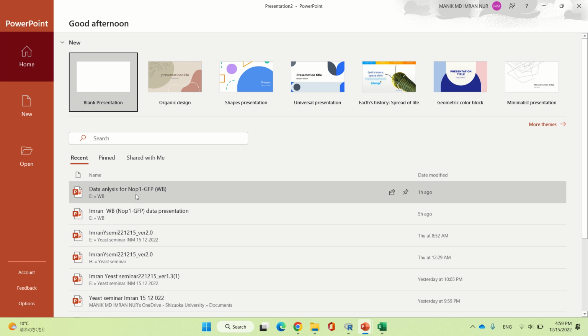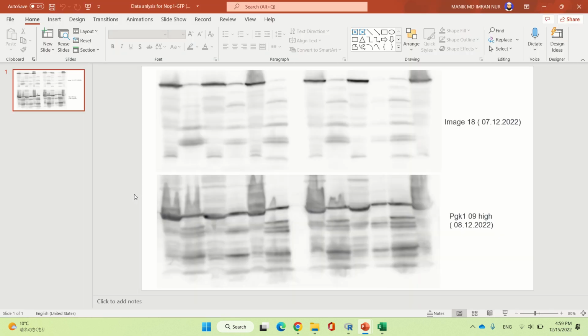In this case, normalize to the entire GFP volume. GFP volume means maybe GFP might be processed from the full length.